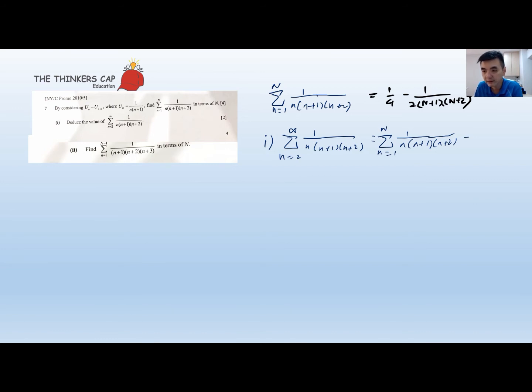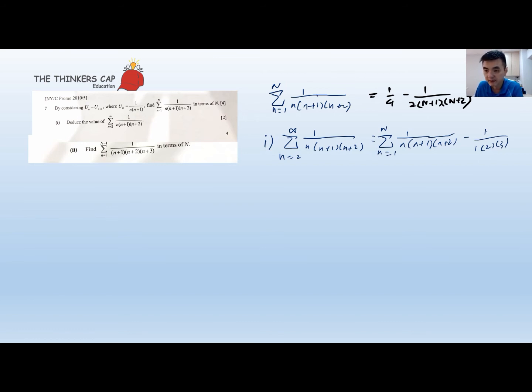The first term is when n equals 1, so in this case I've got 1, 2 and 3. So this is the first term. By subtracting away the first term, basically I'm starting the summation of series from the second term.